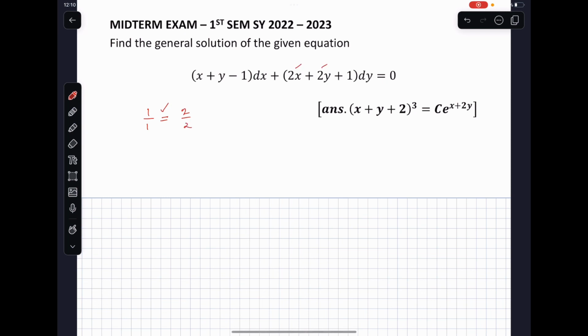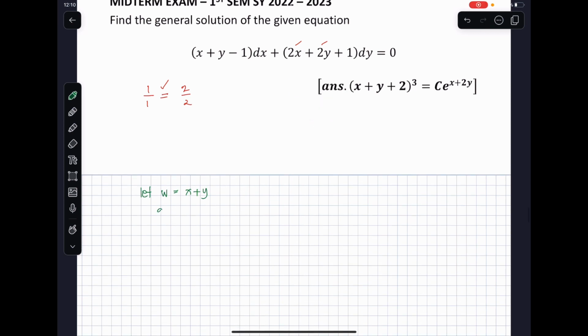Therefore, they are equal. This is case 2. In identifying what will be our w, we let w be equal to the simpler term, in this case x plus y. And so x plus y would be our w.